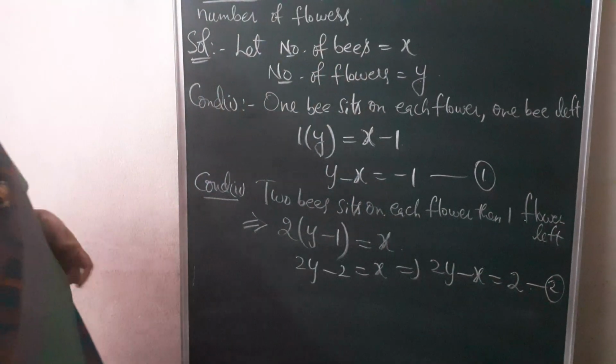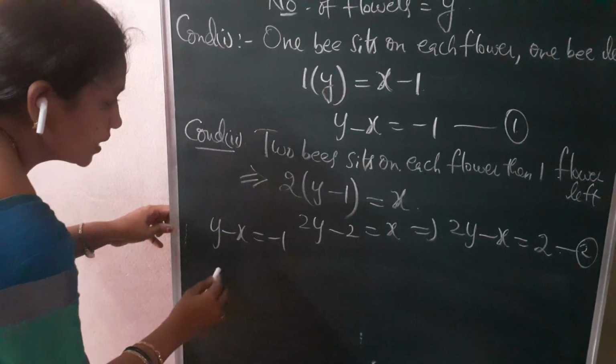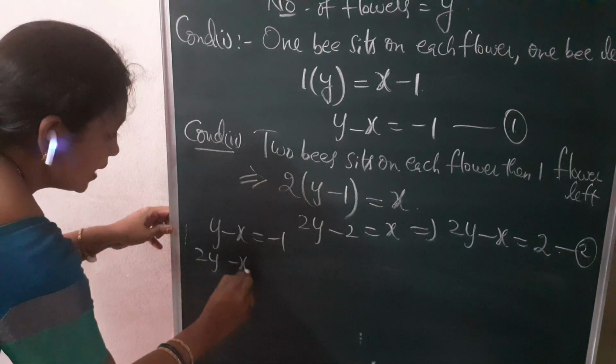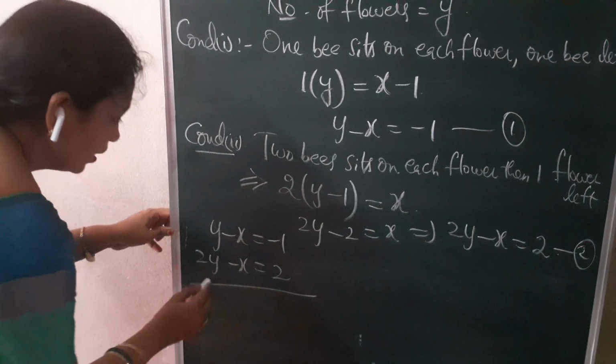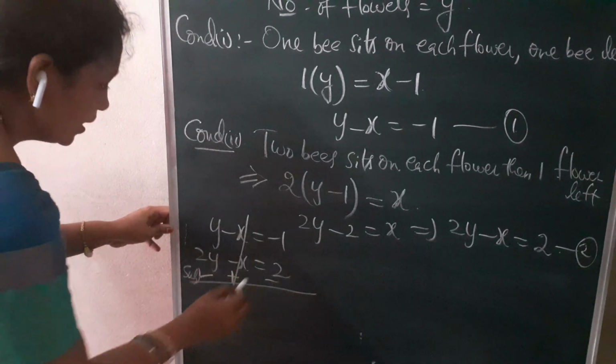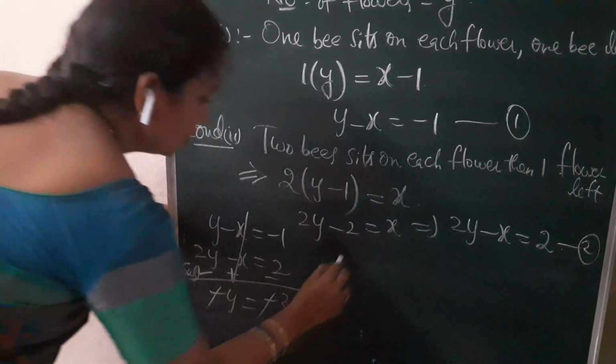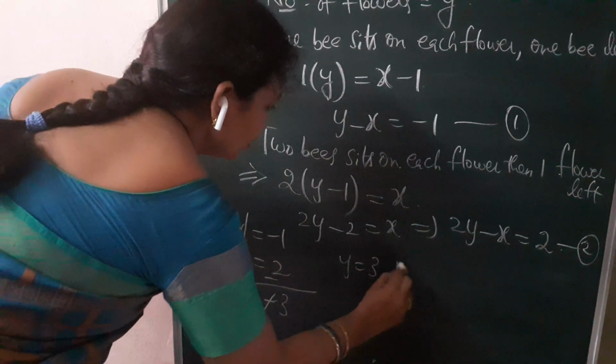Transposing. So by the elimination method: y minus x is equal to minus 1 and 2y minus x is equal to 2. Then by subtraction, the minus x terms get cancelled. Minus y is equal to minus 3. So y is equal to 3 we got.